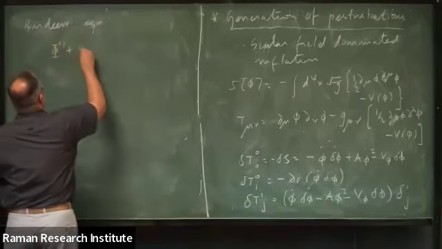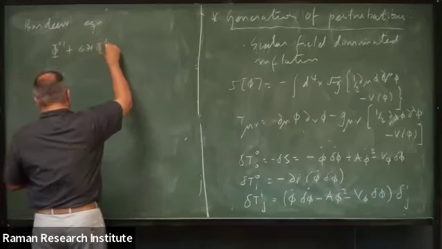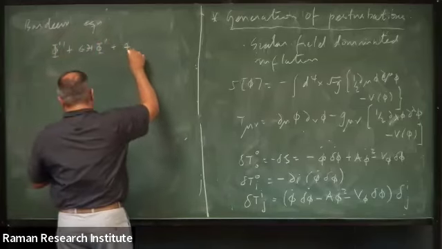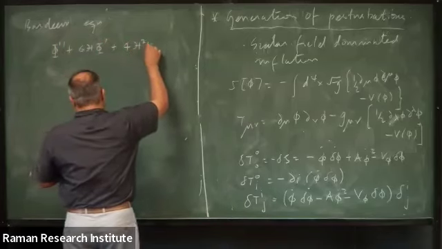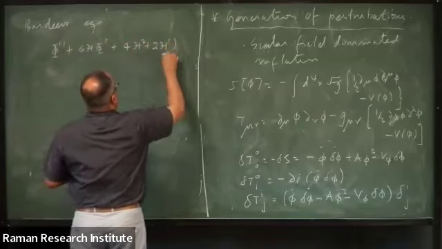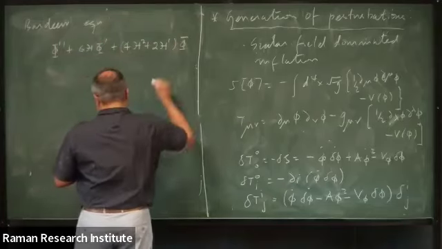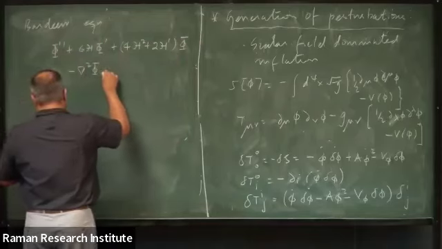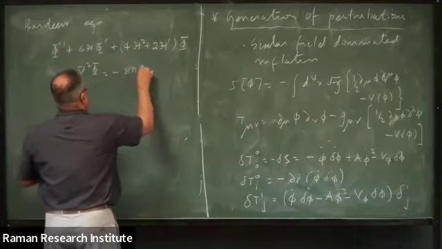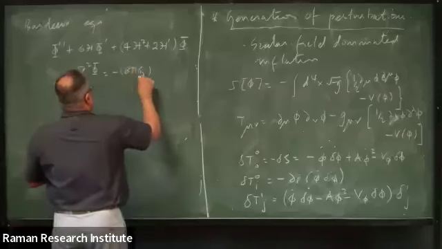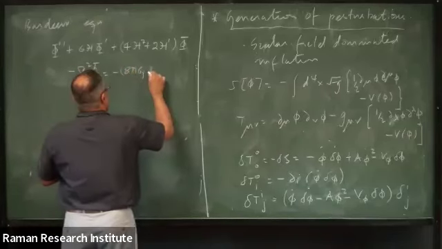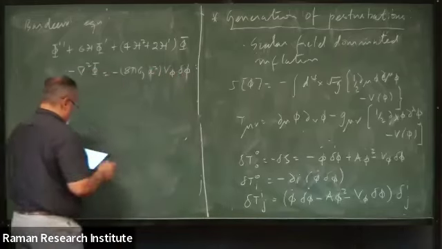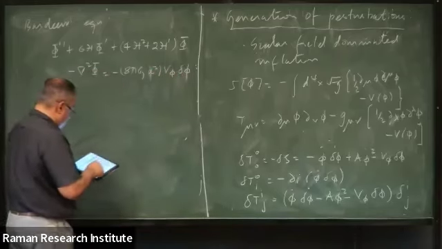Phi double prime plus 6h phi prime plus 4h squared plus 2h prime phi, minus nabla square phi equal to minus 8 pi g a square v phi delta phi. This is the equation.